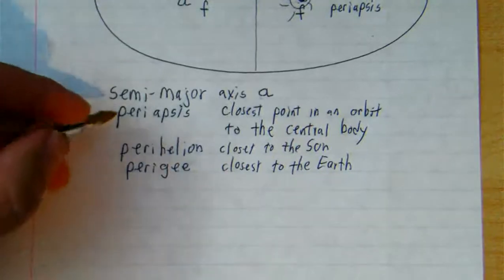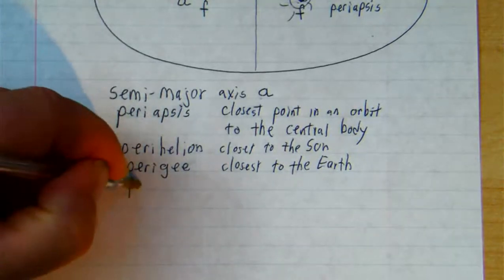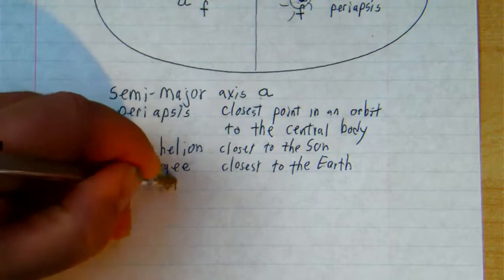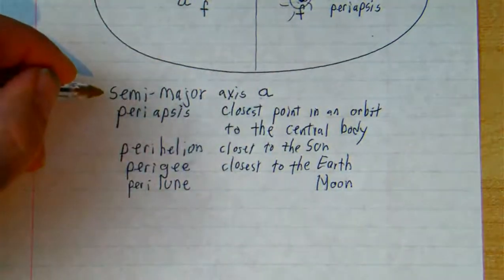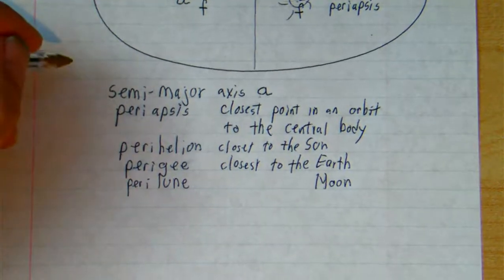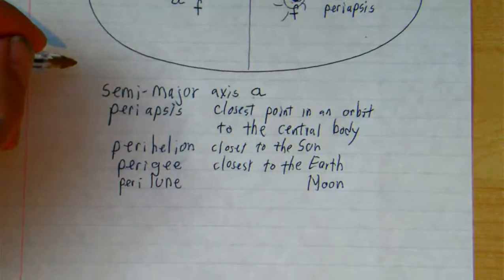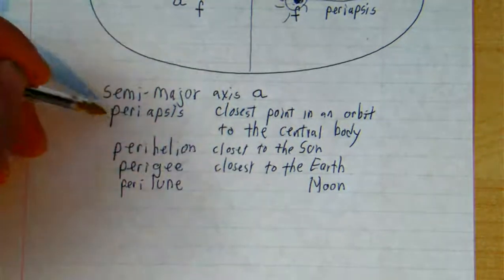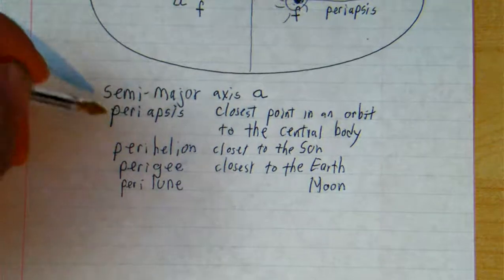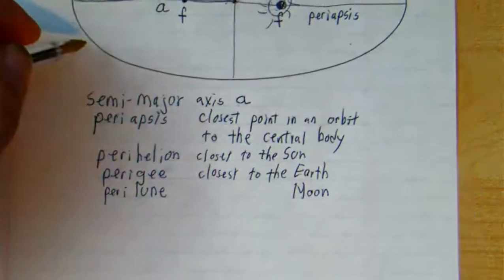When it's the moon, we call it perilune, closest to the moon. And there might be a name already for when it's closest to Mars, but the generic name, if you forget, you could just call it periapsis, the closest point in the orbit as it goes around.